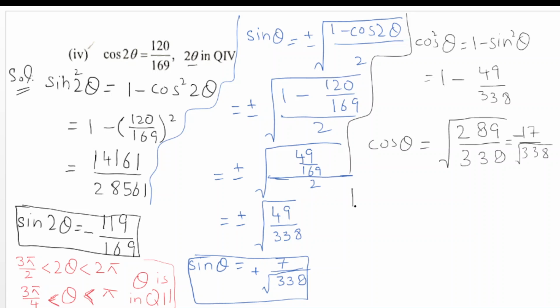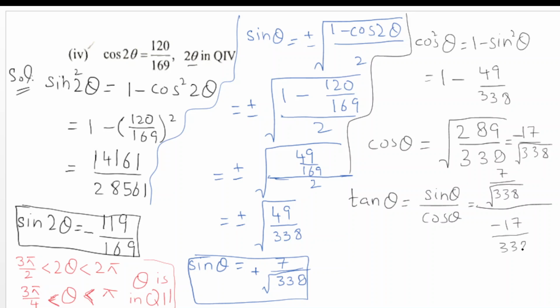Now the last part is tan theta. That will be equal to sine theta by cos theta. Just put the values: sine theta is 7 by the square root of 338, which is positive, and cos theta is negative 17 by the square root of 338.